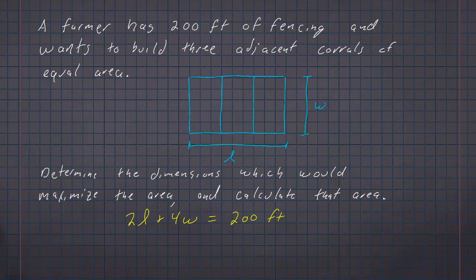Rearranging this a little bit, I can divide both sides of the equation by 2. And I get that L is 100 minus 2W, which will be a useful substitution for us a little bit later on.